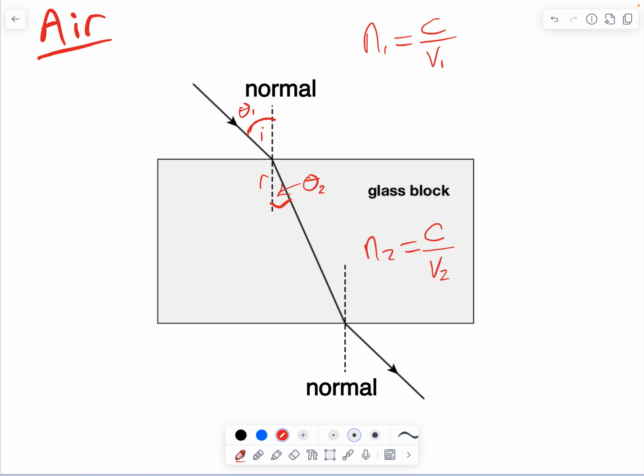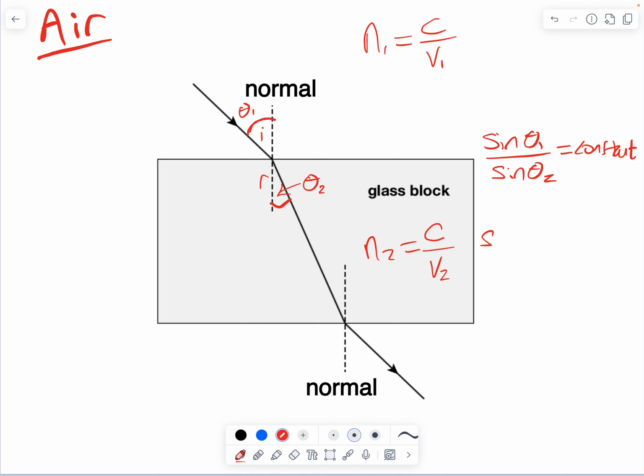And then basically Snell's law says this. Sine of the angle of incidence divided by sine of the angle of refraction is equal to a constant, and that constant turns out to be the following.